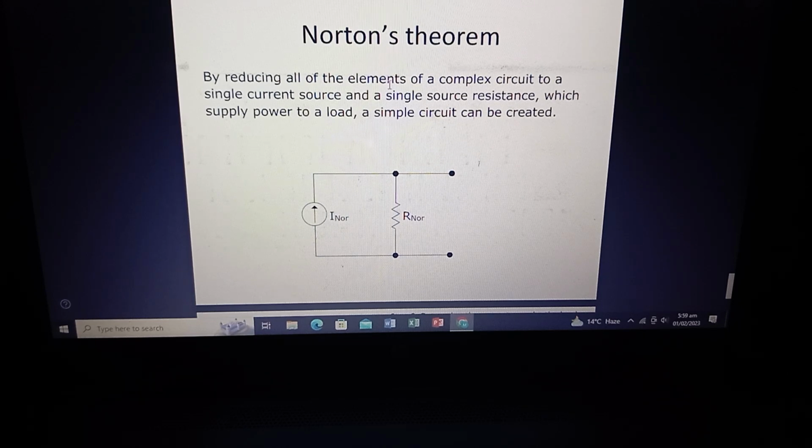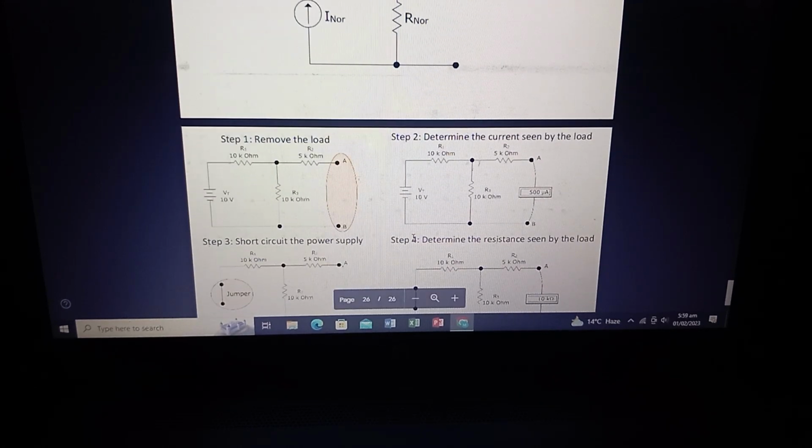A simple circuit can be created. Like here we have a current source I Norton with a resistor in parallel having resistance called R Norton.